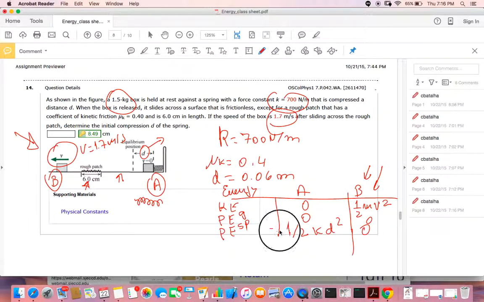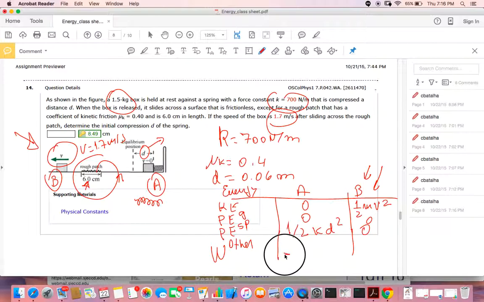Now, how about any other force? Don't forget this. We have work done by other forces. And this other force doing work now is the friction force.